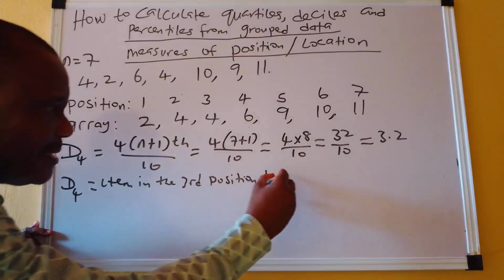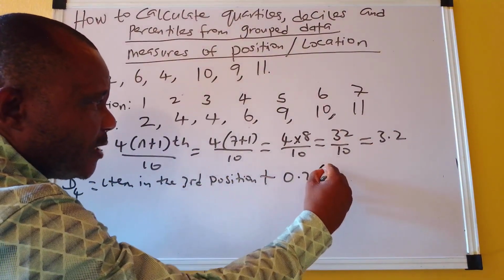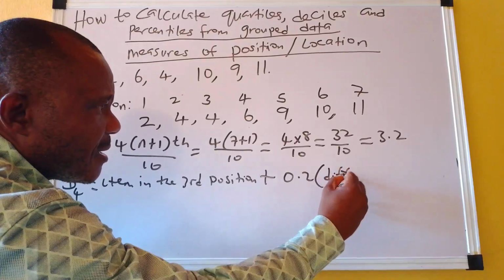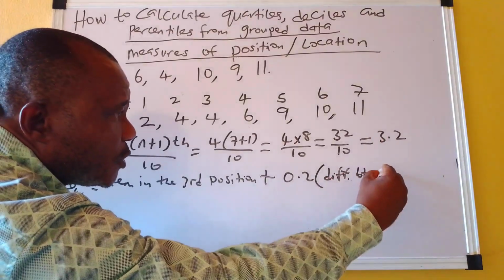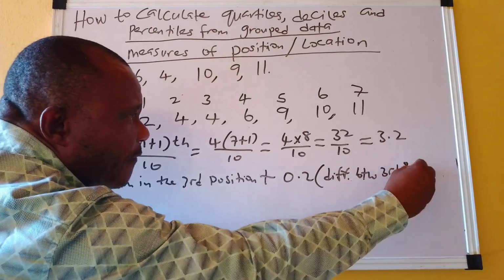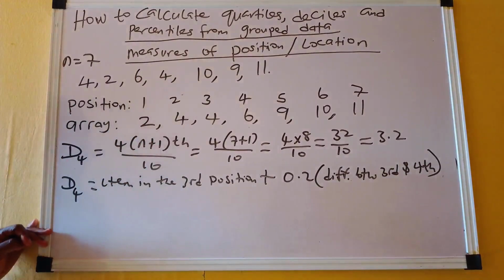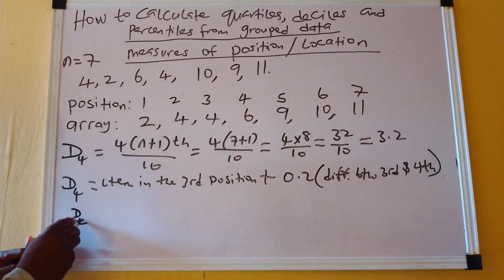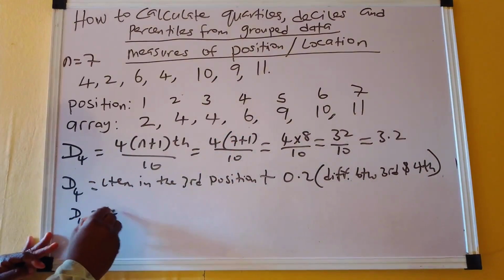plus 0.2 left into the difference between the third and fourth items. So this is how you calculate it. D4 is equal to the item in the third position, which is 4.